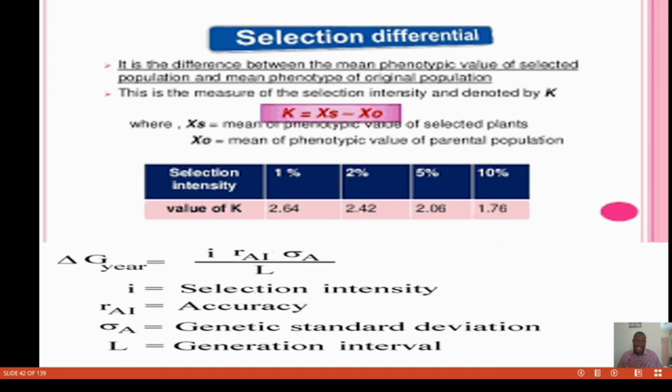So the selection intensity, as you can see, can go from 1%, 2%, 5%, 10%. And correspondingly, we see that the value of K, the selection differential, will change. It will become smaller and smaller: 2.64, 2.42, 2.06, and 1.76.